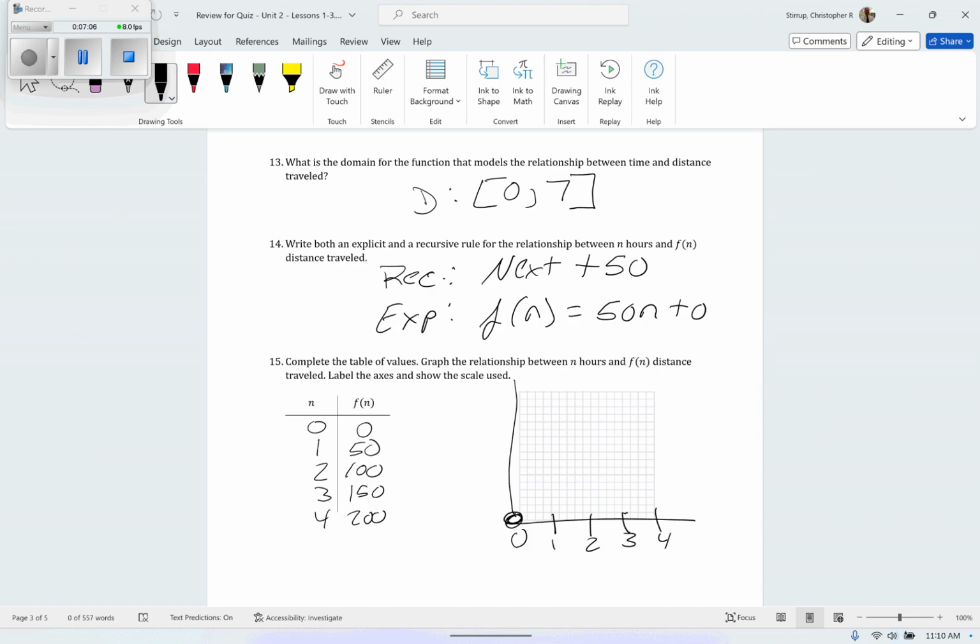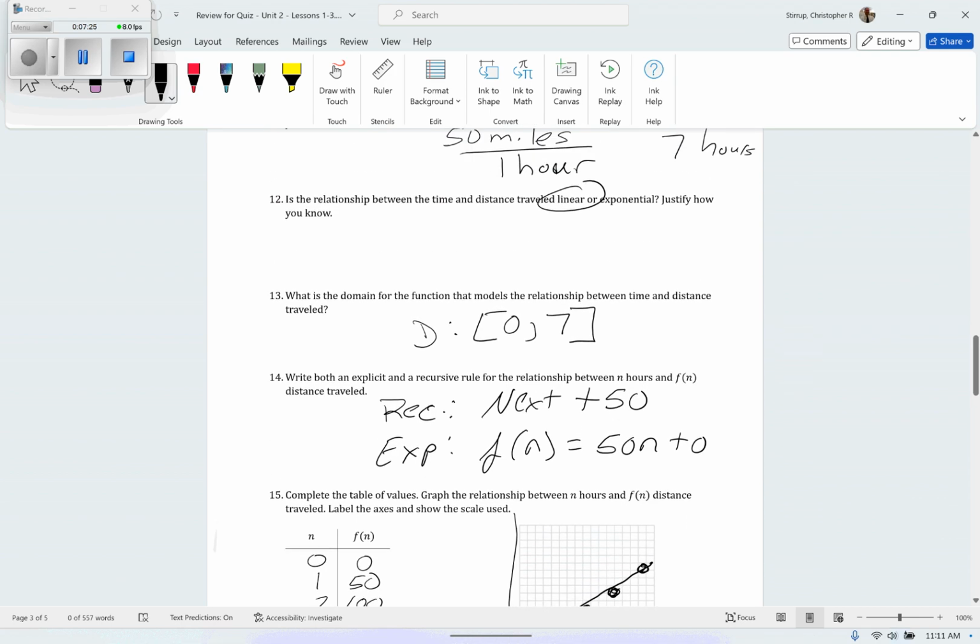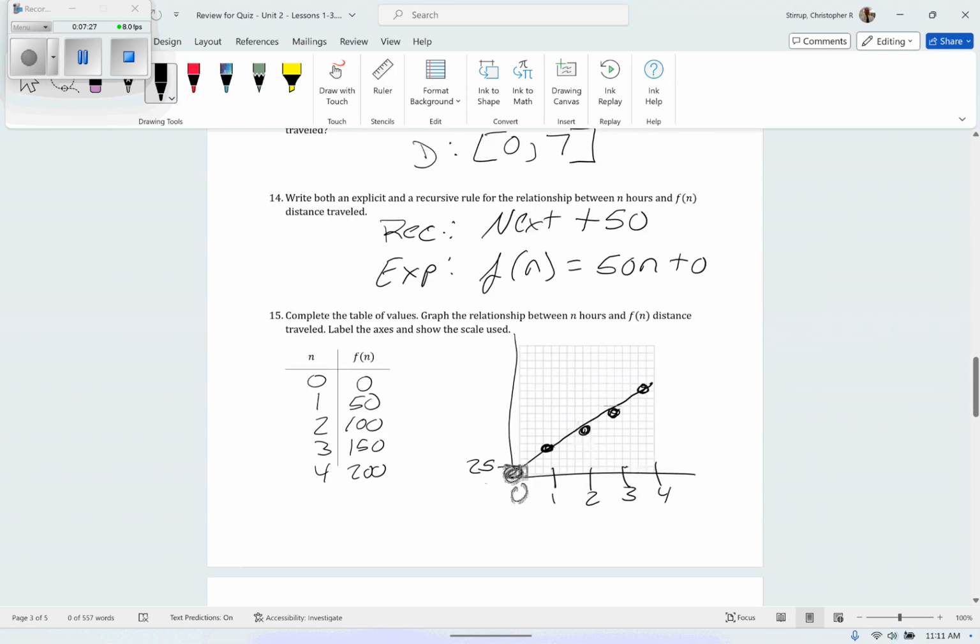So at 0, 0, and then maybe I count these as 25s. So there's 1 there, 1 there, 1 there, 1 there. And we're going to connect these because we said that it was linear, and we said it was continuous, so we're driving the whole thing.